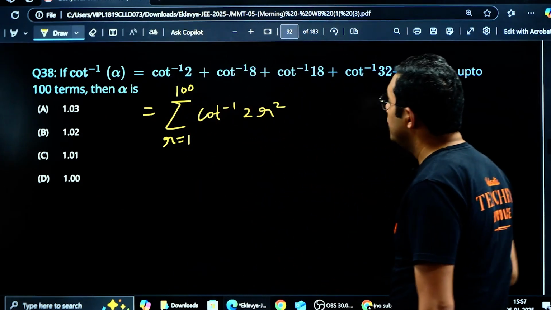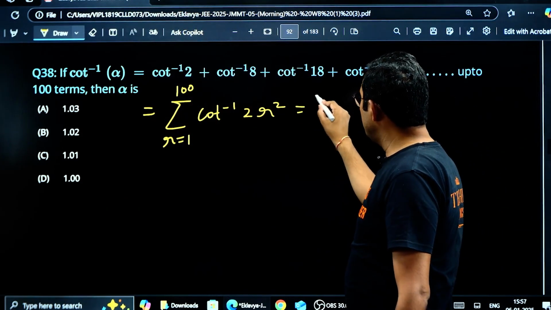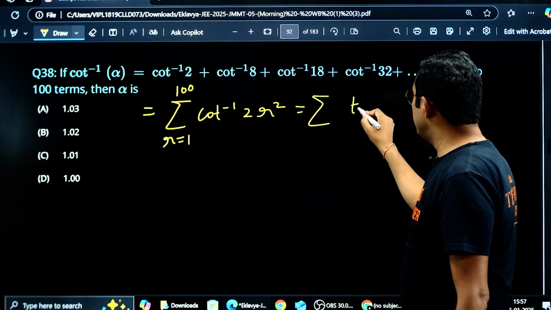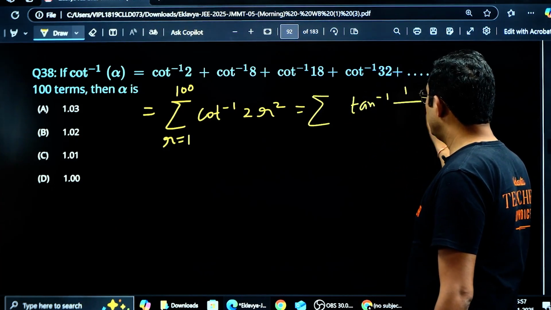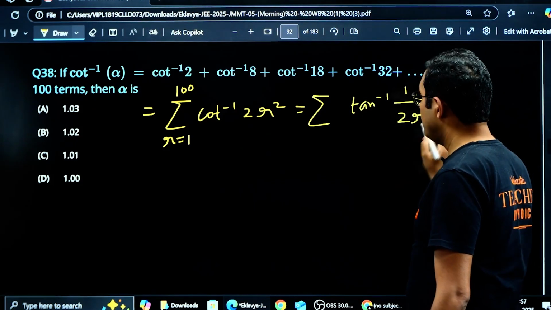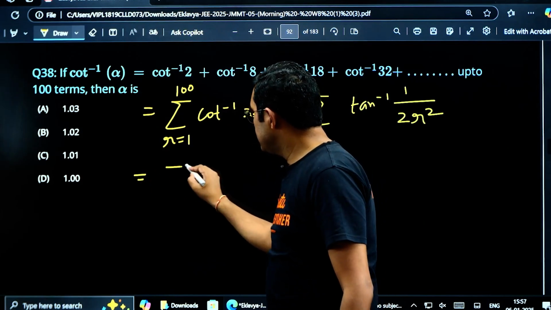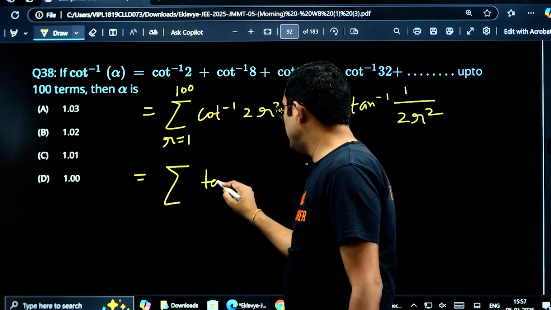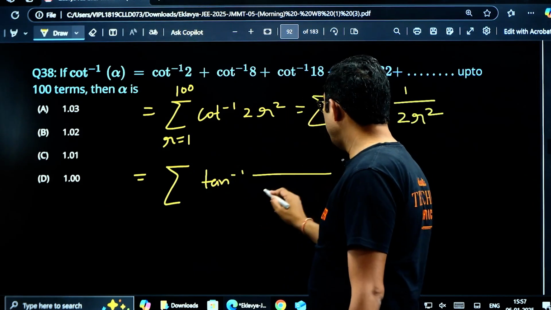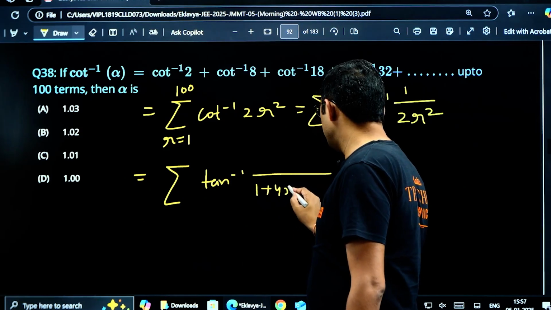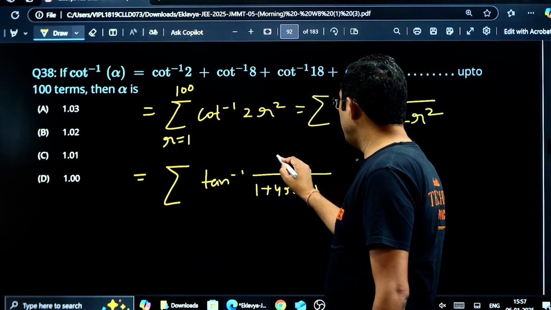1 to 100. Okay. Now for cot inverse, what will we do? We will write it first as tan inverse 1 upon 2r square. And this tan inverse can be written as tan inverse of (1 plus 4r square minus 1), and 2 here.